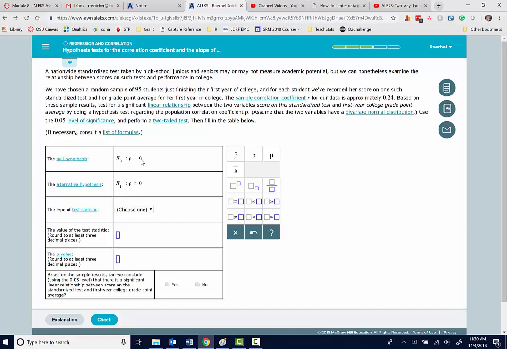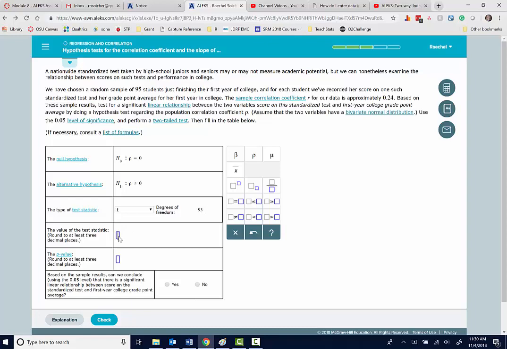Our null hypothesis is that whatever correlation coefficient we found is not really different from 0. In this case, we're going to be using a t-statistic with n minus 2 degrees of freedom. In this example, we have a sample of 95 students, so 93 degrees of freedom. 95 minus 2 is 93.